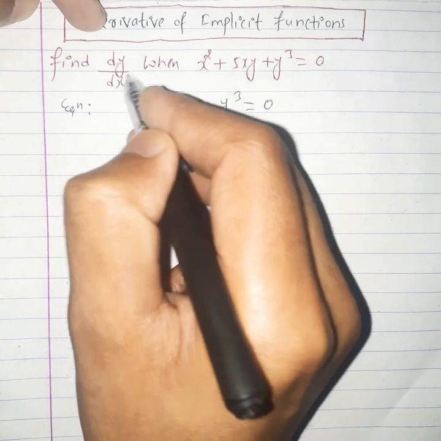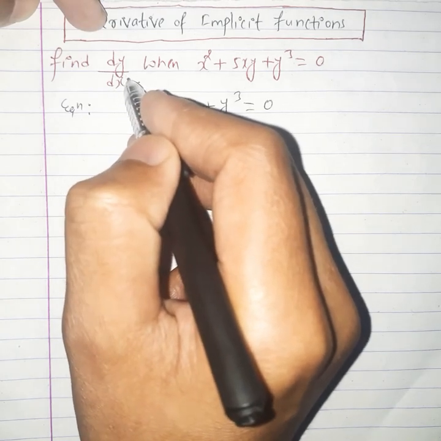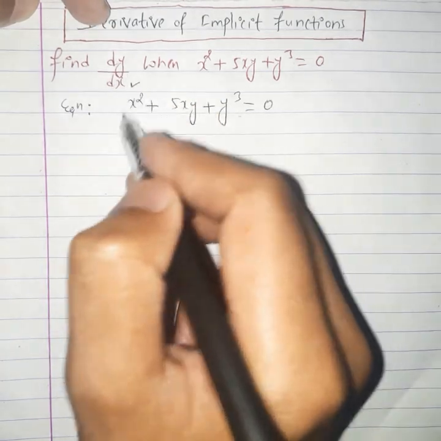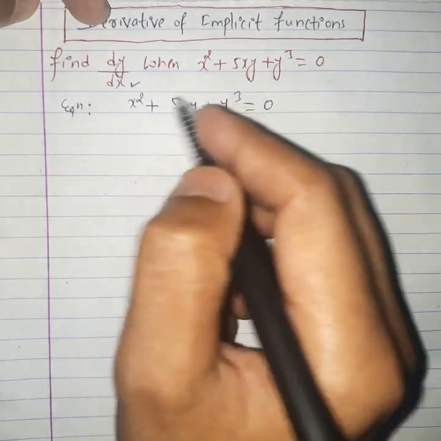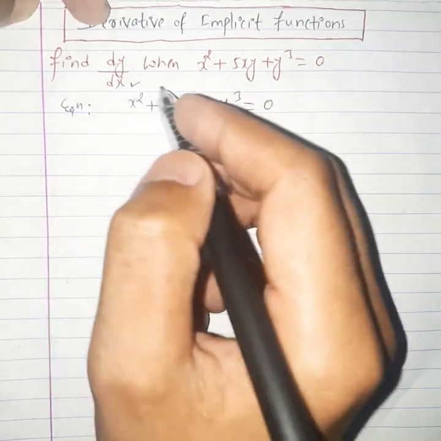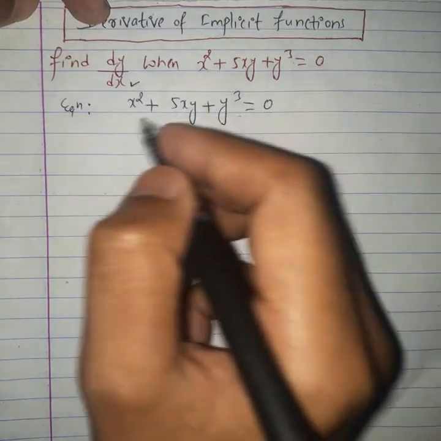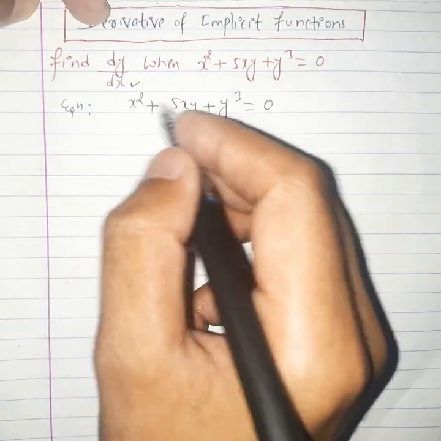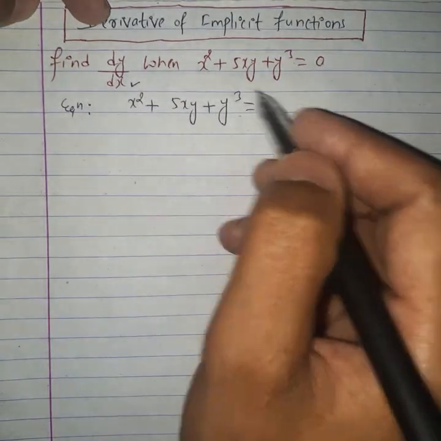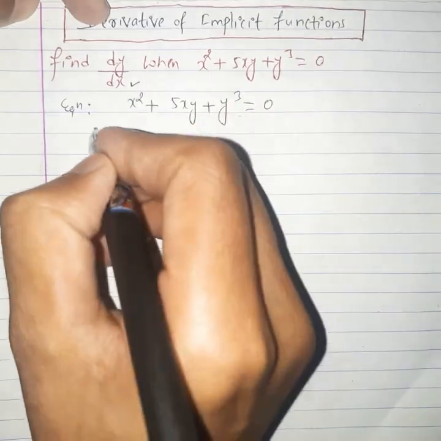Here we are going to calculate the derivative with respect to x. So we differentiate this equation with respect to x on both sides.